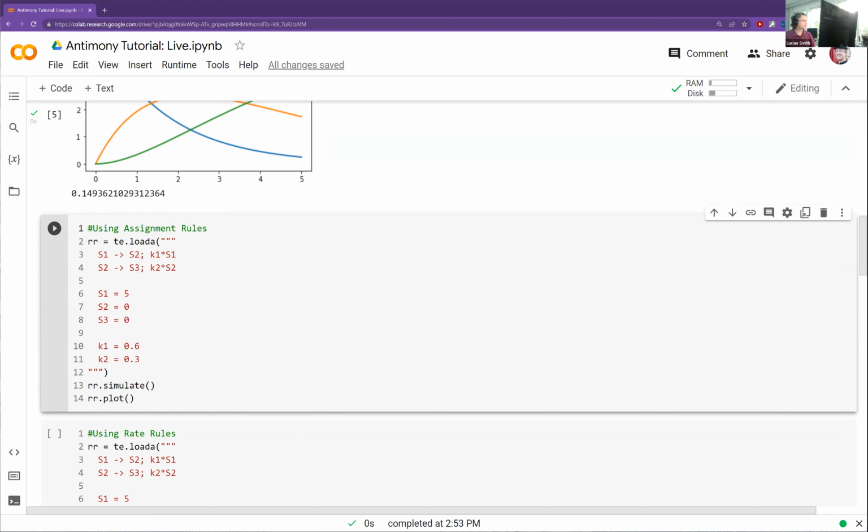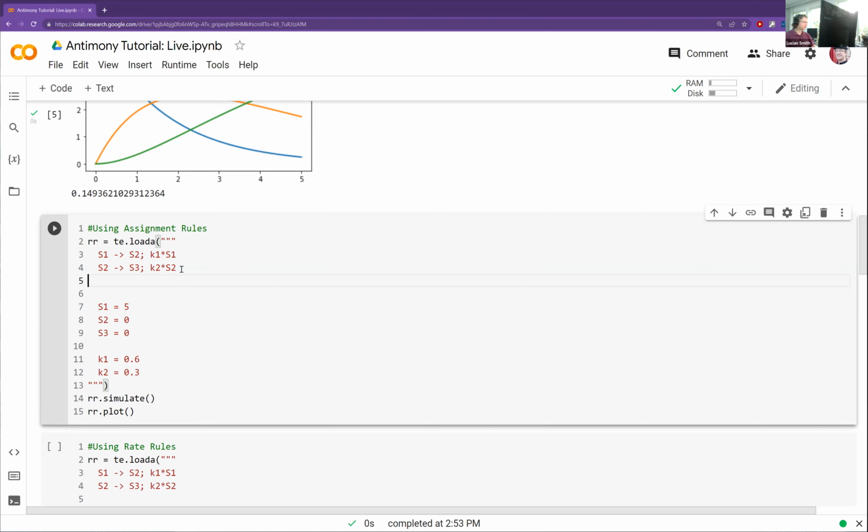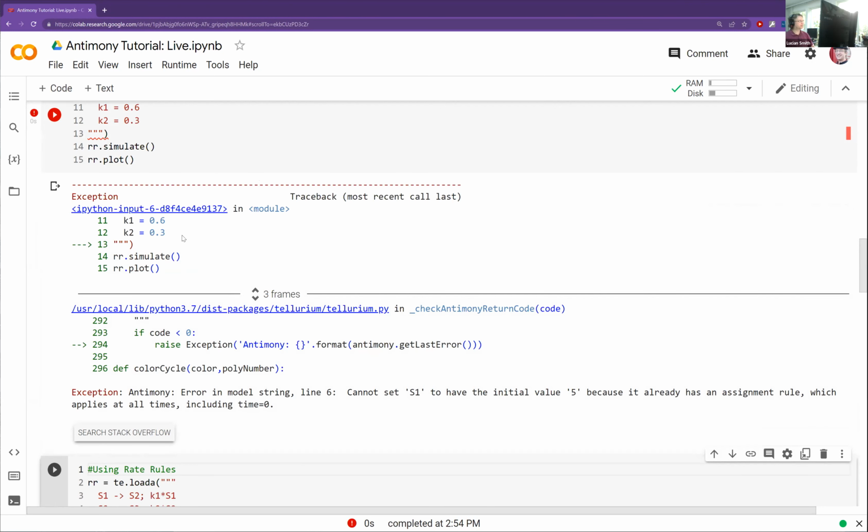Let's say that S1 is not changing like that, but is actually a fixed input that is the sine of time or something. So let's look at what that does. Oh, it doesn't like it at all.